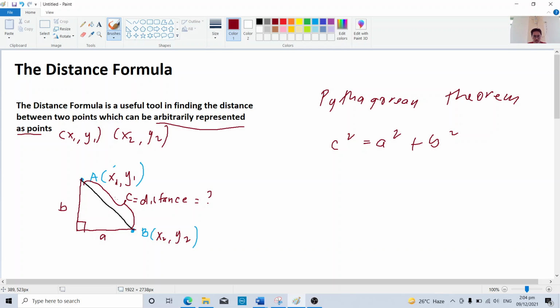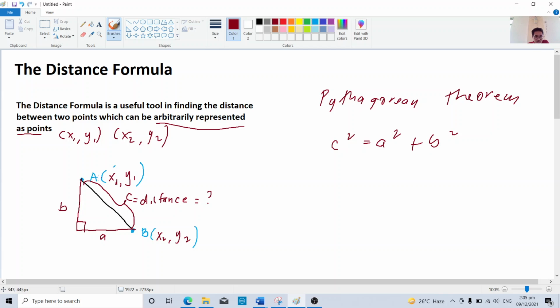Again, the distance formula itself is actually derived from the Pythagorean theorem. We have c squared is equal to a squared plus b squared, where c is the longest side of the right triangle, also known as hypotenuse, and a and b are the shorter sides, known as the legs of a right triangle. The very essence of the distance formula is to calculate the length of the hypotenuse.